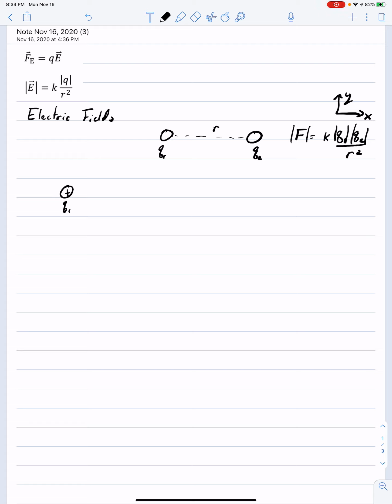Even though it doesn't have another particle approaching it or creating a force, this charged particle does have an electric field surrounding it. And because it's positive, it has electric field lines that are coming out of the charged particle. So all of these are electric field lines.